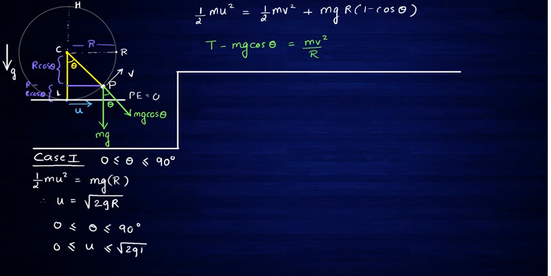So long as the velocity is between 0 and under root 2gr, the particle will not be able to go beyond point R. Once it goes over here, it will come back and keep oscillating, going to and fro like this. So this is case 1, wherein the particle is not even able to go up to 90 degrees.